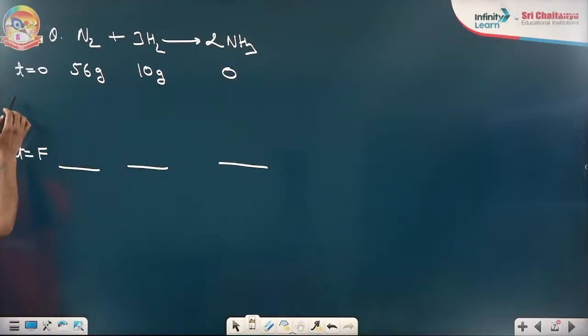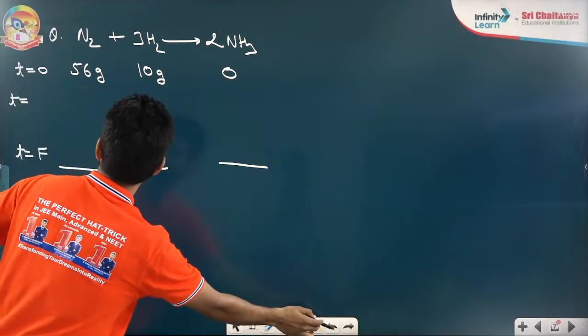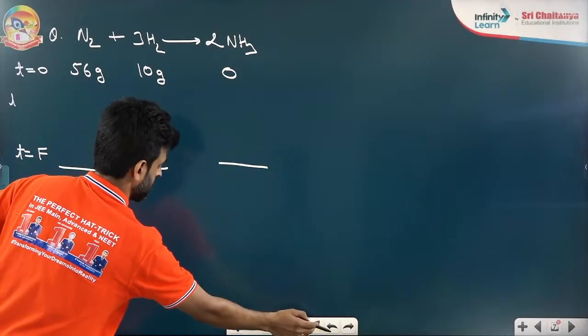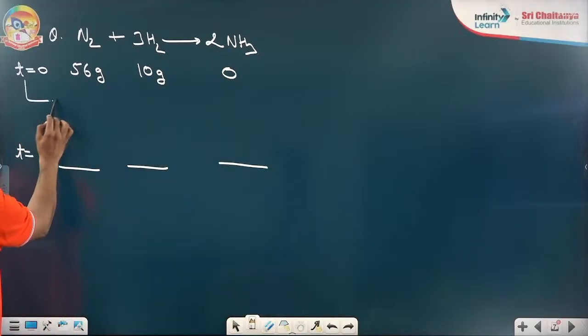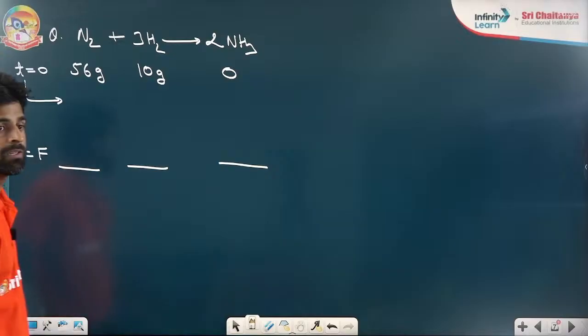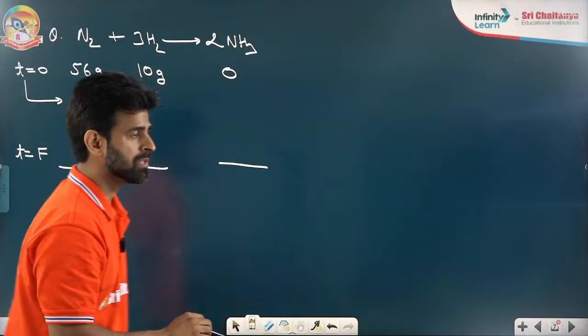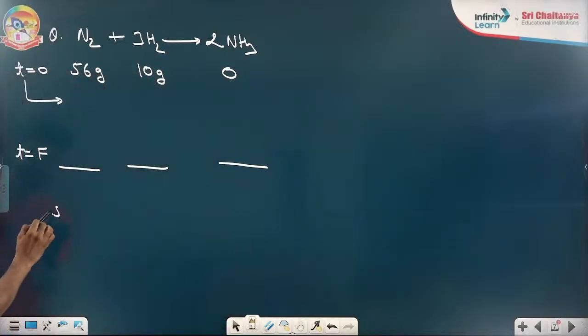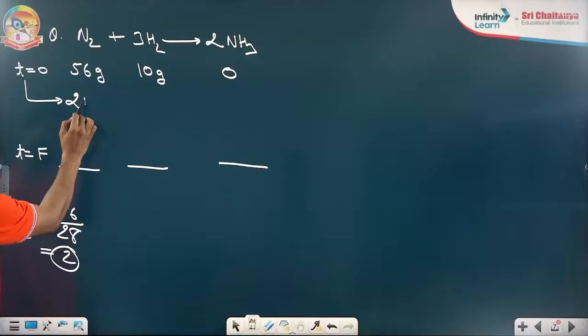So first find the moles. How many moles are given here? Tell me. See carefully. 56 given. So 56, beta, if I find how many moles of N2 are there, 56 by 28, how many moles coming? 2 moles coming. So actually here they gave me 2 moles of N2.